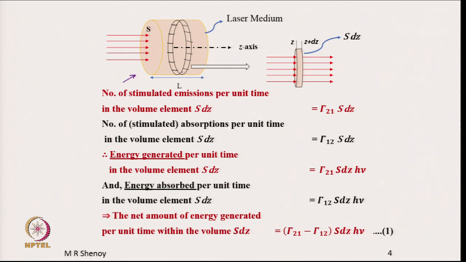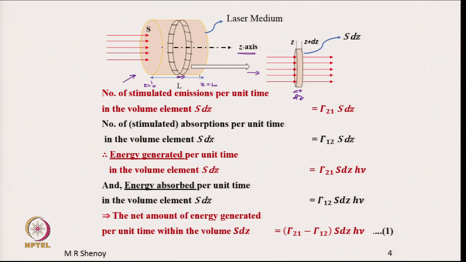If we now consider a small slice of this laser medium of thickness dz at some distance z, this is z equal to 0, the incident beam is propagating in the z direction. This is the z axis, the incident point is z equal to 0 and this point is z equal to L.